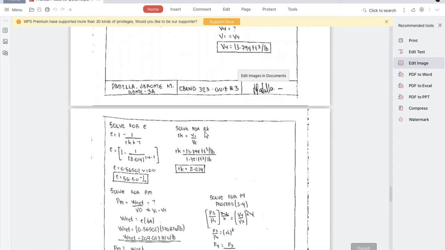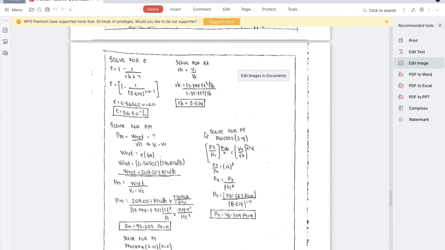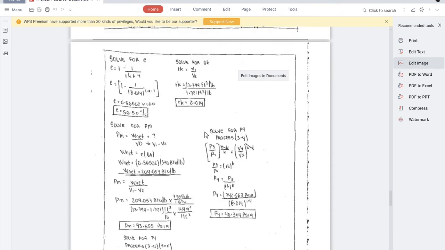And for the efficiency e, e is equal to 1 minus 1 over rk raised to k minus 1. e equal to 1 minus 1 over 8.014 raised to 1.4 minus 1.